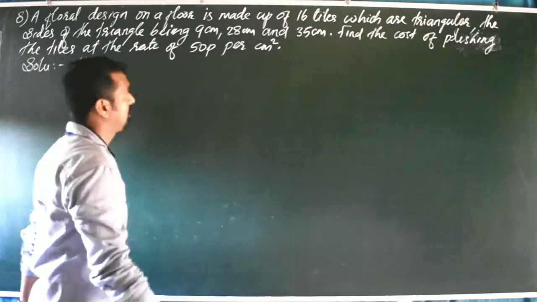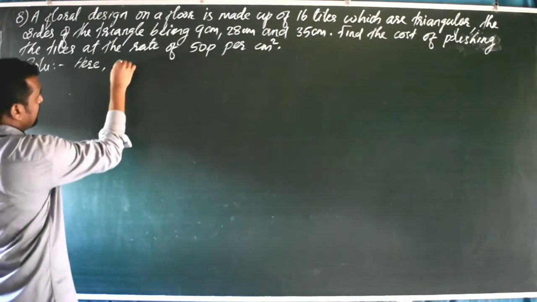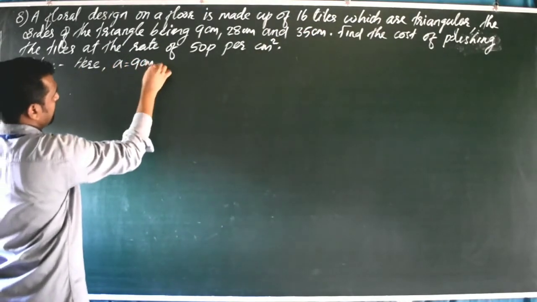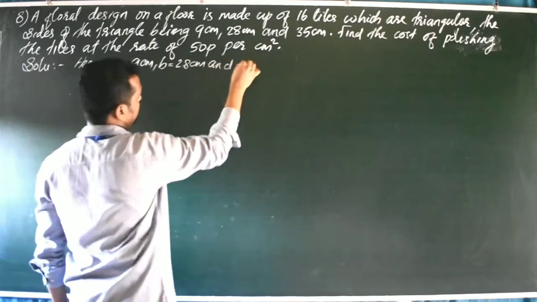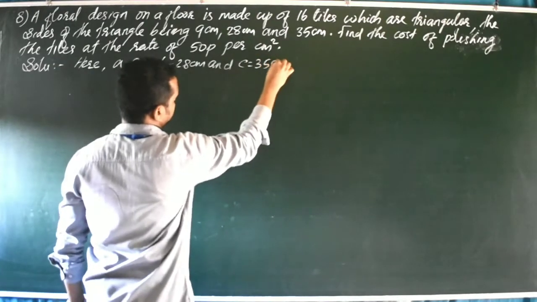So first we can write here A is equal to 9 centimeter, B is equal to 28 centimeter, and C is equal to 35 centimeter.